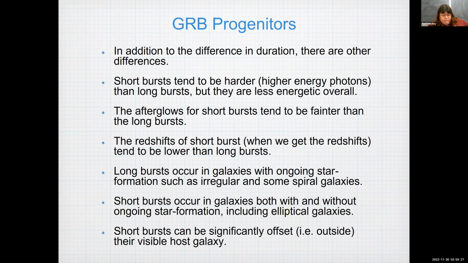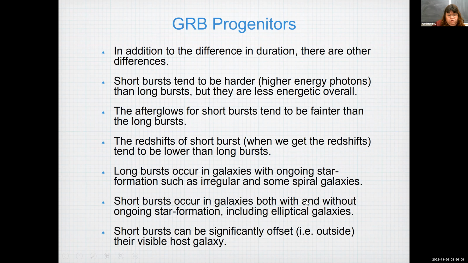What this indicates is that the long bursts are basically related to something that occurs with stars that's not very long lived. While the short bursts, if it's something to do with stars, could be stars that are a lot longer lived, that have gotten to where they're no longer in areas with ongoing star formation. An example of what I mean: the most massive stars will live their entire lives and still be fairly close to where they formed, in areas with ongoing star formation.